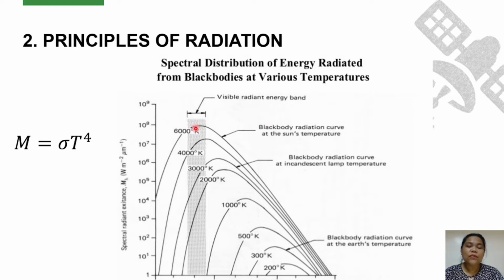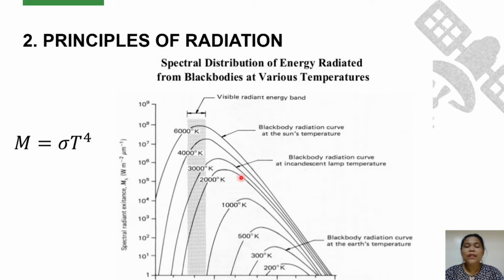And for an object that has a temperature of 6000 Kelvin, its amount of energy radiated is around 10 to the 8 power. This implies that as the peak of the curve shifts to the shorter wavelength, the temperature also increases.